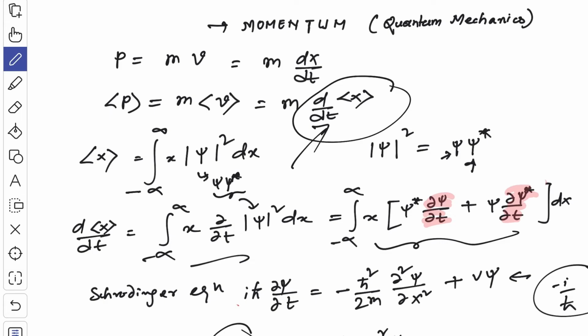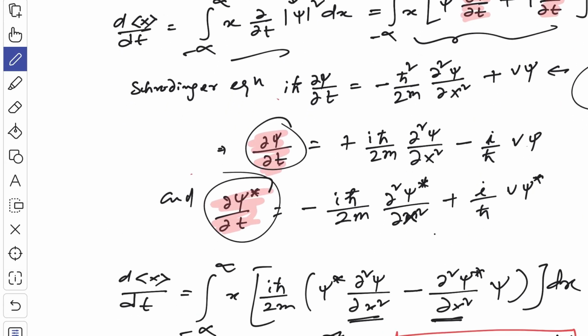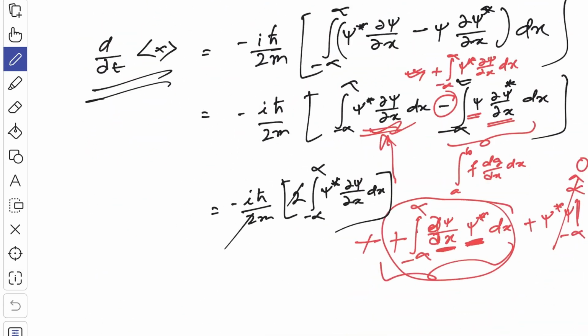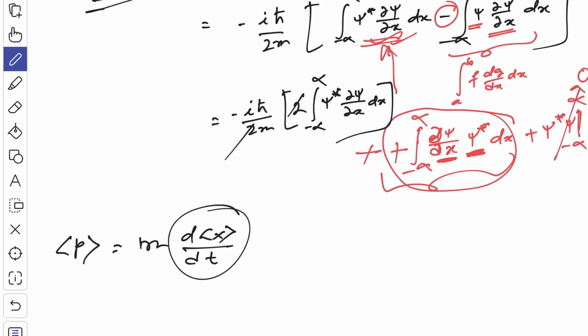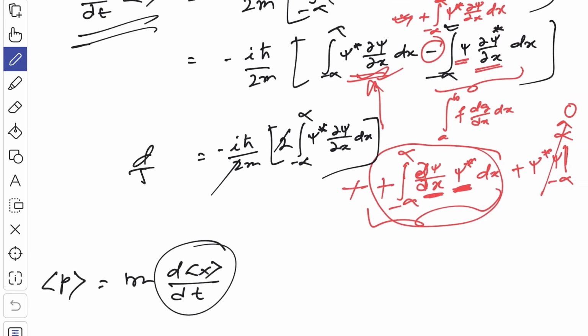You can see this. If you use this, then you will get the expectation value of p, momentum. So that's going to be m times that. So what you're going to use here, instead of the derivative with respect to time of the expectation value of x, instead of this term we are going to use this value now.